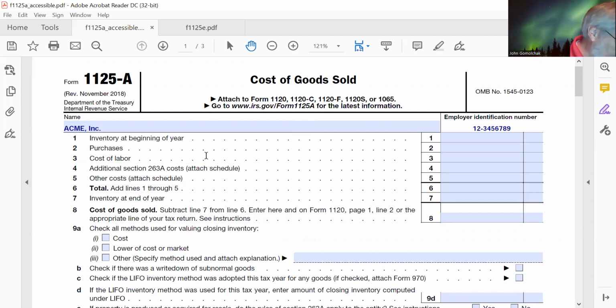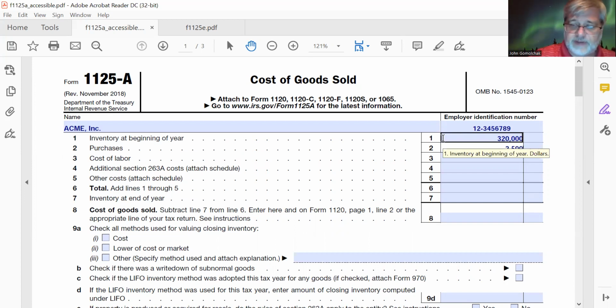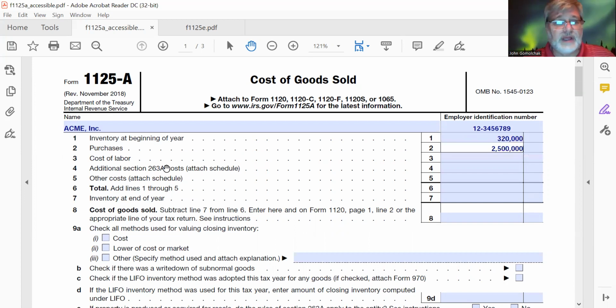So inventory at the beginning of the year was $320,000. Purchases, $2,500,000. Cost of labor, we have labor here as $1,950,000, but we have to add into that the direct labor that we're considering Giannini's money to be.